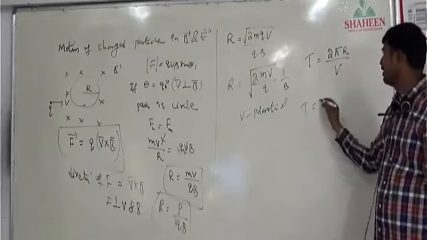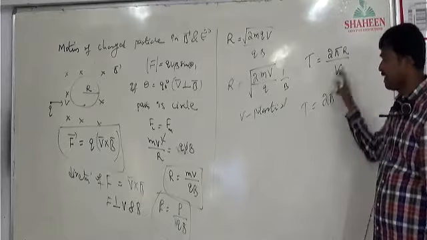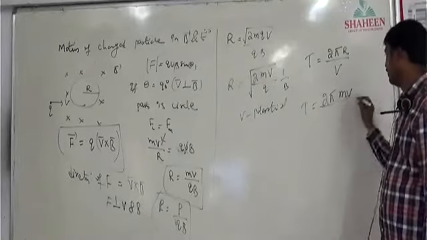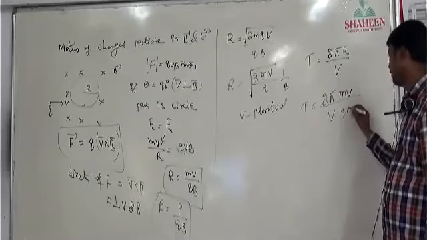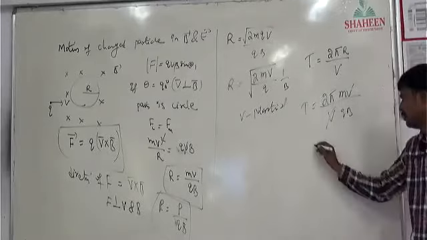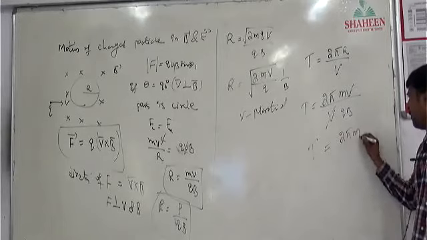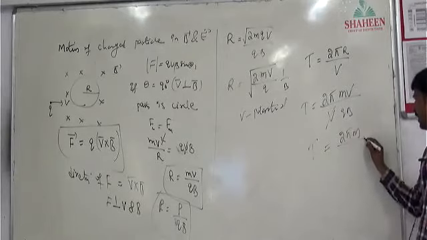So T can be written as 2 pi r by v, where r is mv by qB. V cancels out. So time period T is equal to 2 pi m by qB.